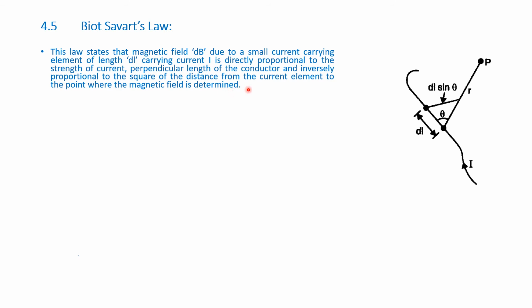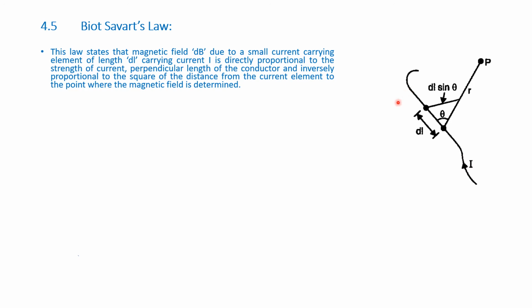Please read this law once again. This law states that the magnetic field dB due to a small current carrying element dl is directly proportional to the strength of the current. This is the current passing through the wire or the conductor. I is the current flowing from bottom to top in this direction.